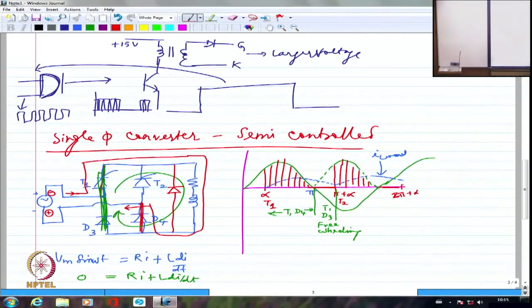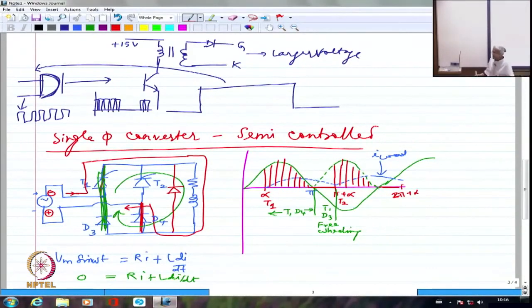Because of R times I, there is the forward resistance of this and of this, whereas here only one device's forward resistance needs to be considered. So sometimes we explicitly put a freewheeling diode just to reduce the drop. Across two devices there is a higher drop, so I might put just one device across this.